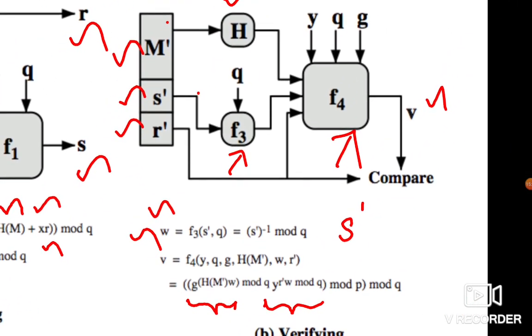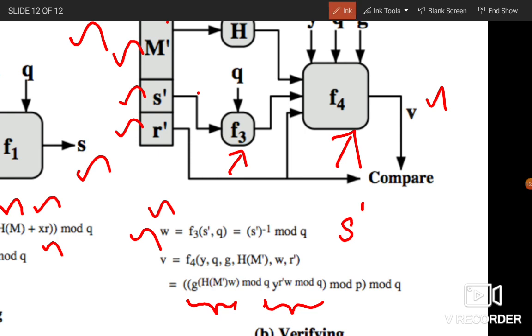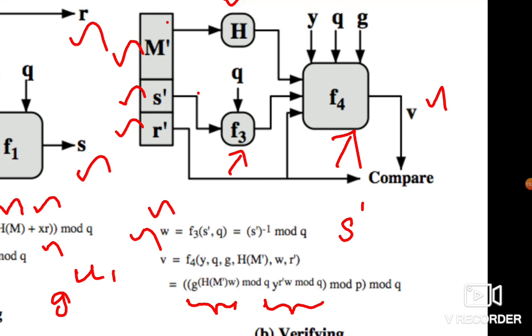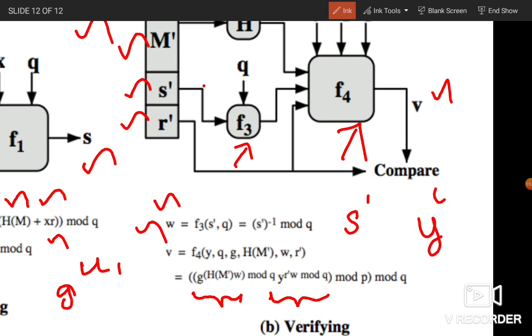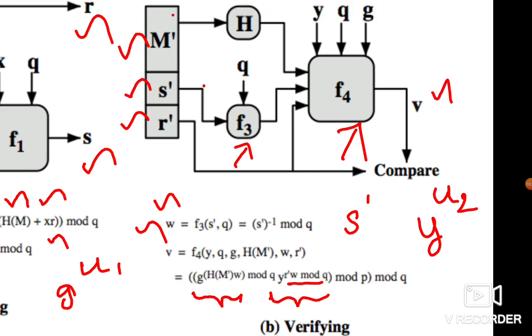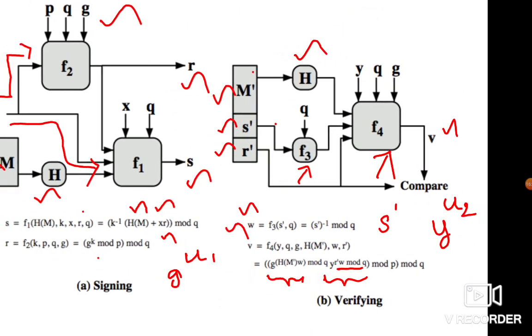So that is given here. G power H of M into W, where H of M into W is U1 modulus Q. Then Y power U2. So U2 is R into W modulus Q. Then modulus P modulus Q. Okay, so we have calculated V. Now both are compared. If they are equal, the signature is verified.